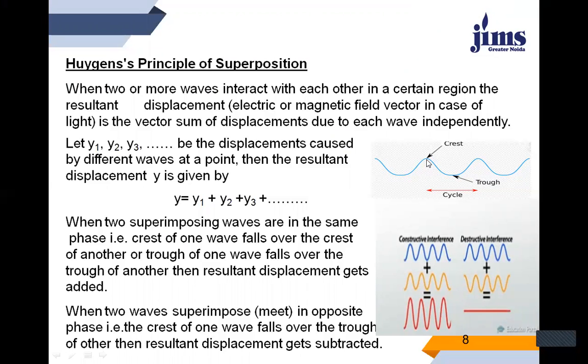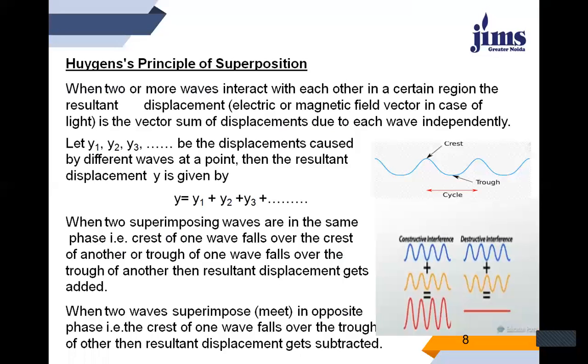This is the crest, the uppermost part of the wave, and the lowest part of the wave is represented by the trough. The separation between two crests or two troughs is the wavelength.